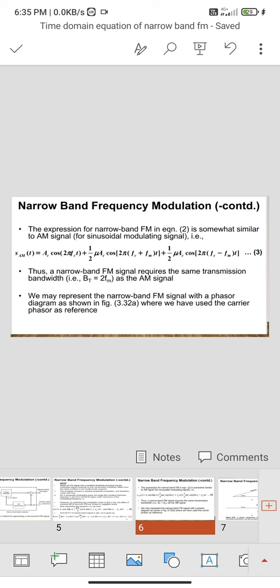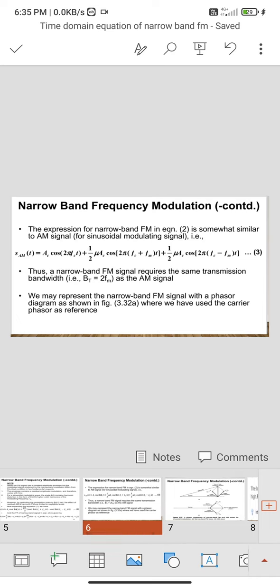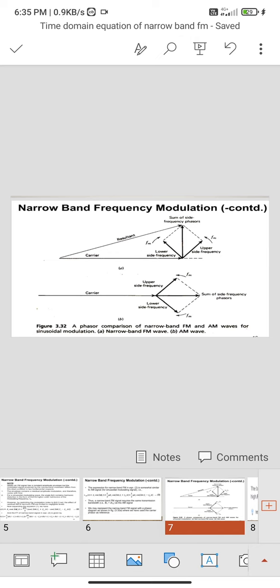We may represent the narrowband FM signal with a phasor diagram as shown in the figure, where we use the carrier phasor as a reference. Phasor comparison of narrowband FM and AM waves for sinusoidal modulation. Diagram A belongs to the narrowband FM wave and diagram B belongs to the AM wave.